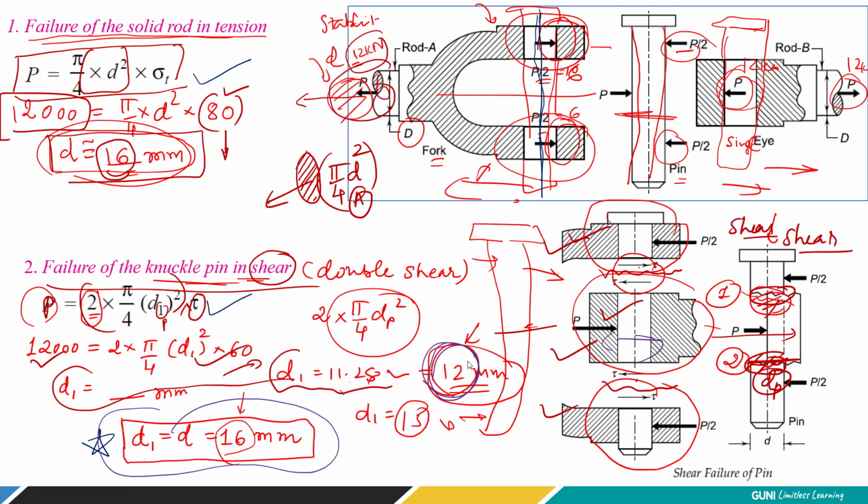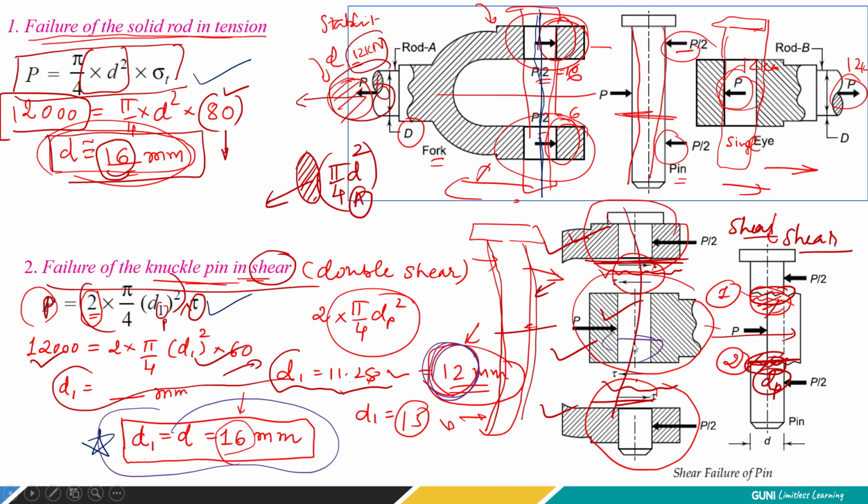Now there are chances that this knuckle pin may fail not in shear but in bending. यहाँ पे देखिए जो पिन है मैंने उसको क्या किया, बेंड किया हुआ है. There are chances that if a little gap comes in the contact surface, then what will happen, rather than the pin getting failed in shear, it may fail in bending.